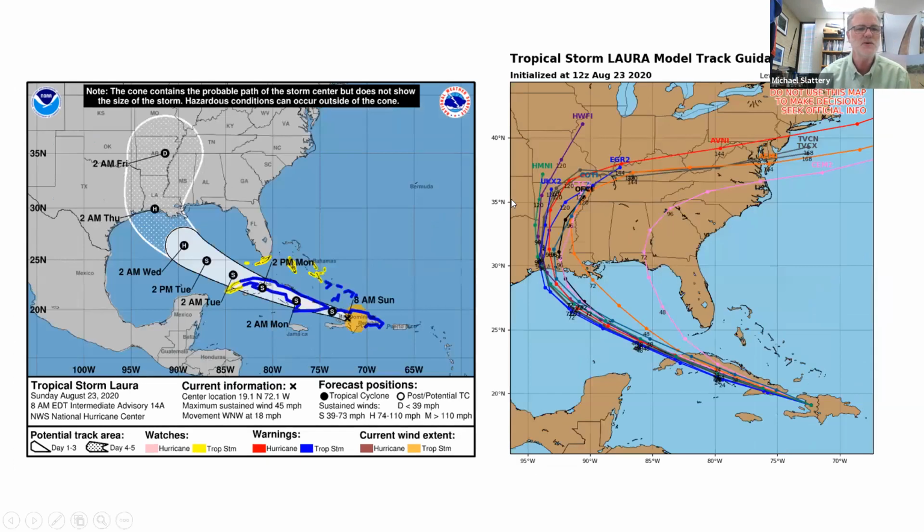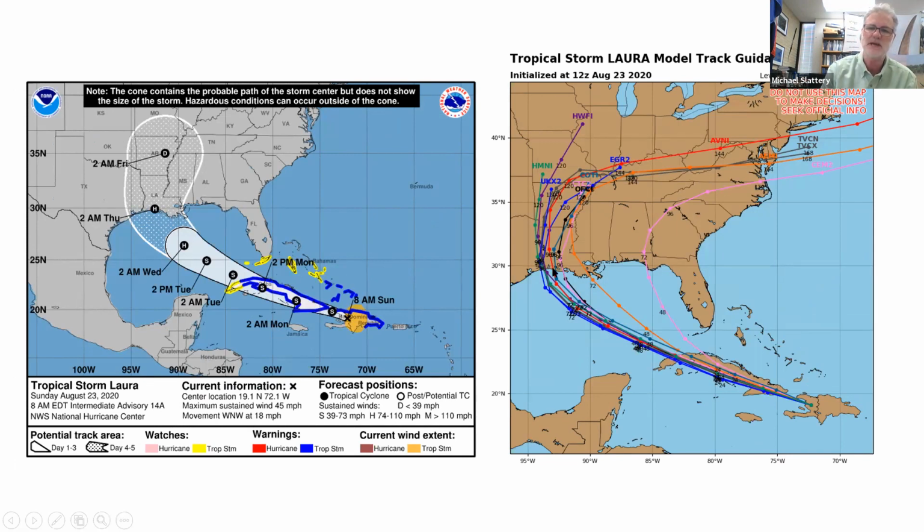So then we get to Tropical Storm Laura. This is the same time, Sunday, August the 23rd. Laura here is at 8 a.m. It's over here, coming out over the Dominican Republic. It was supposed to develop into a hurricane at 2 a.m. on the Wednesday and make landfall in southern Louisiana.